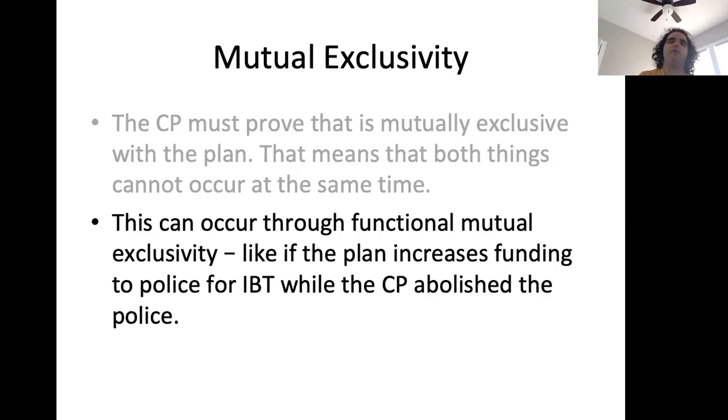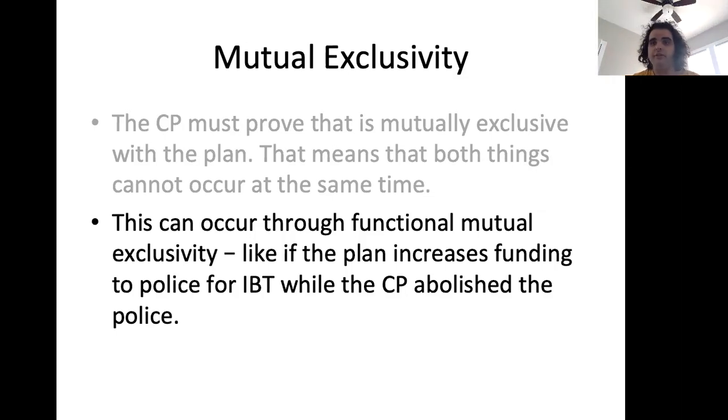So let's say that the Packet app has a plan that increases funding to the police in order to have implicit bias training, right? That training would cost money, and it would increase that funding in order to do that training and fund those programs. Well, let's say that the negative team reads a counterplan that says we're going to abolish the police. We're going to totally get rid of them.